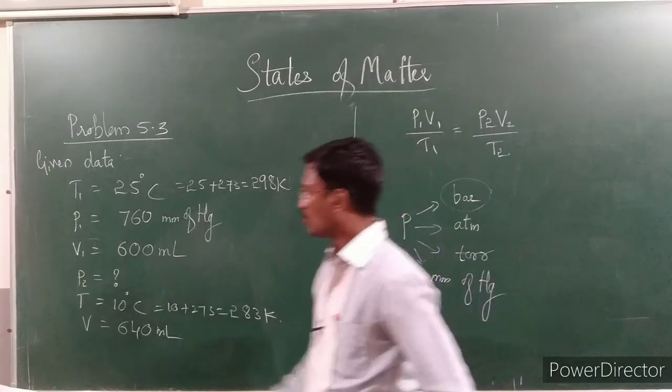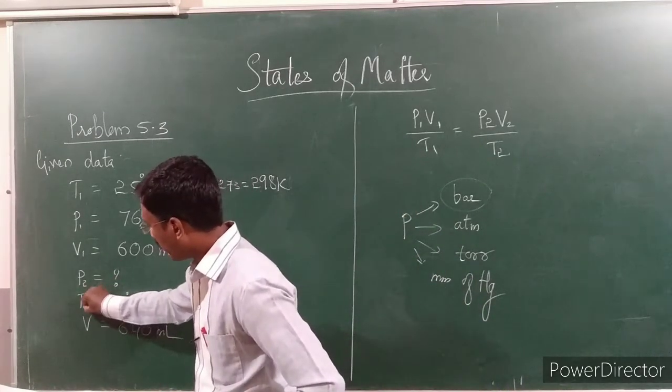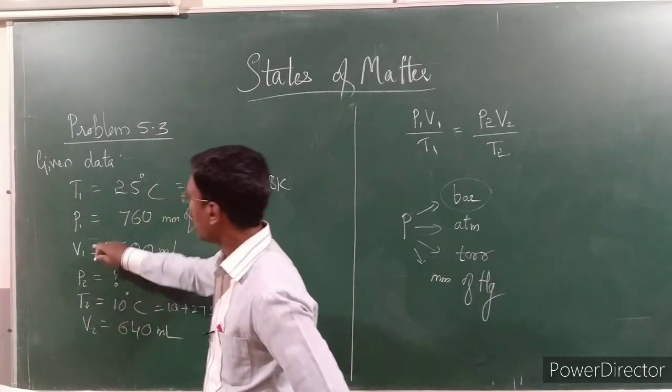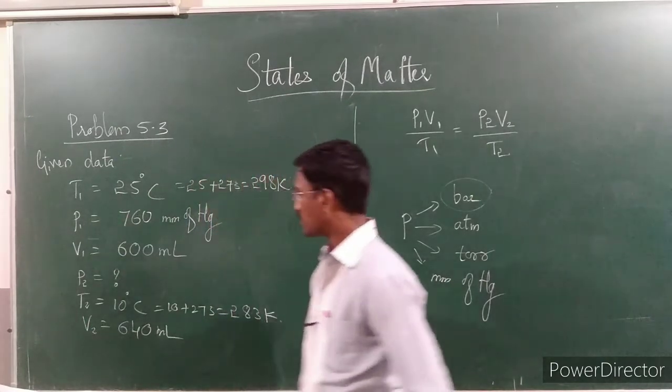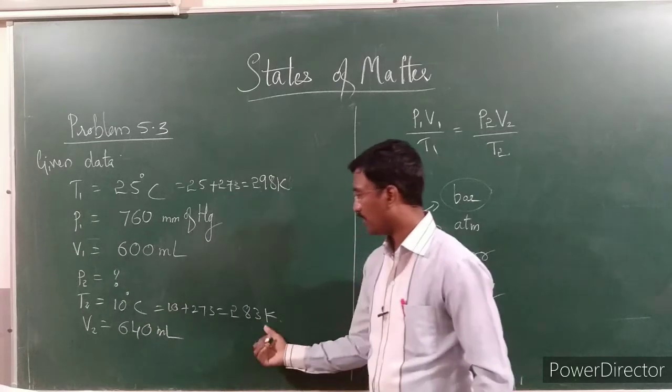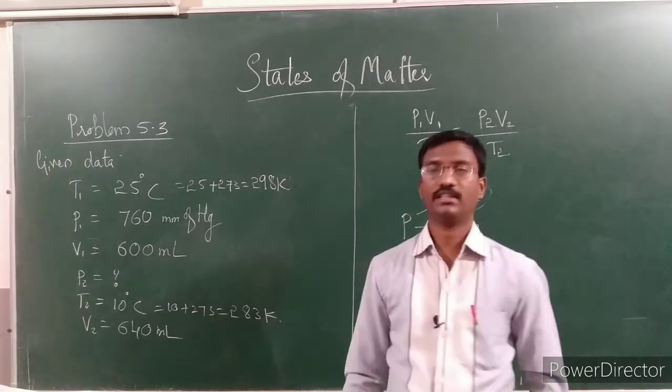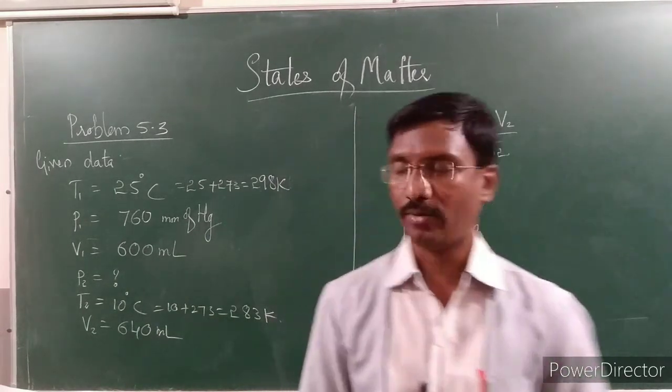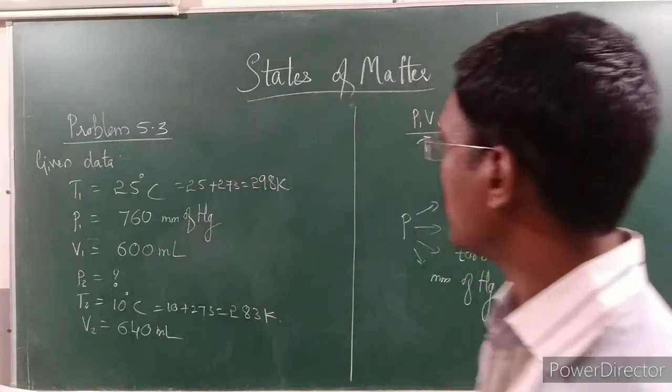So we have to calculate P2 by using T2, V2 and P1, V1, T1. Here also I need to convert 10 degrees Celsius into Kelvin by adding 273, which becomes 283 Kelvin.